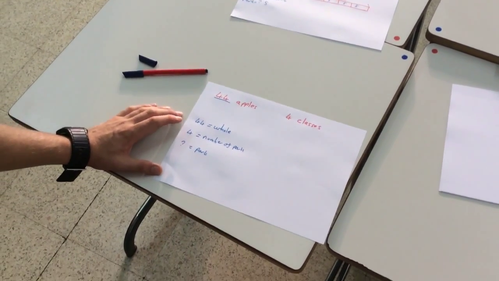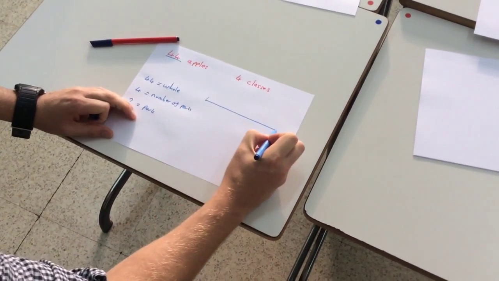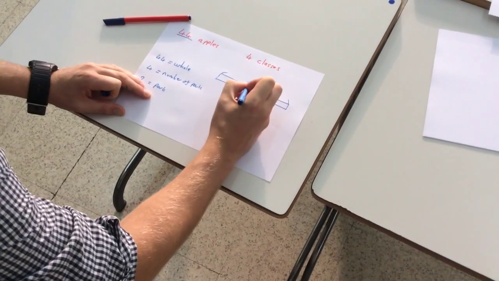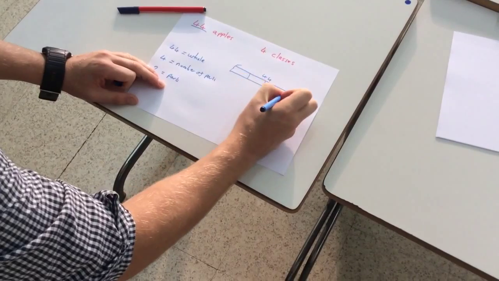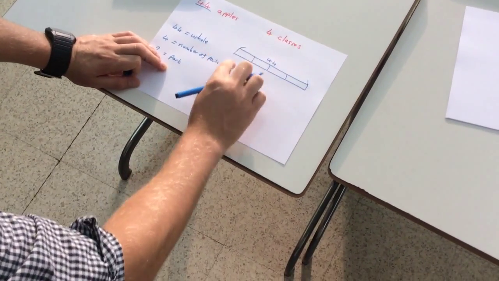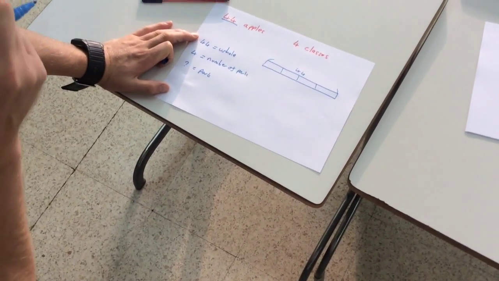Let's use a bar to help us. My whole is 44. I share that between 4 classes. So, let's see what I have to do. I've got 44, I've got 4 classes, so I'm going to need to divide.